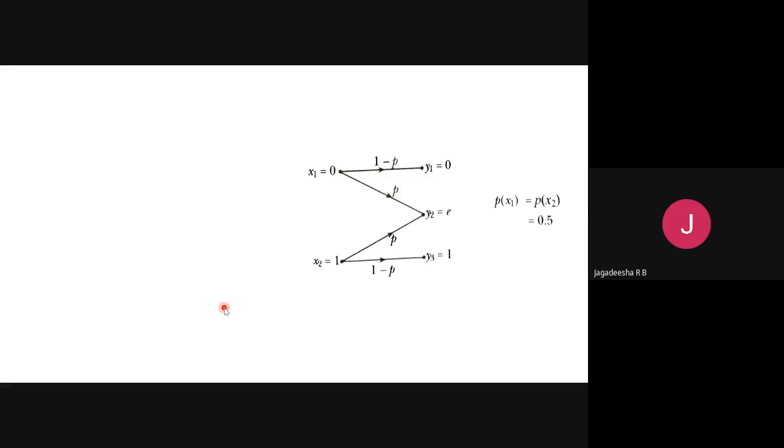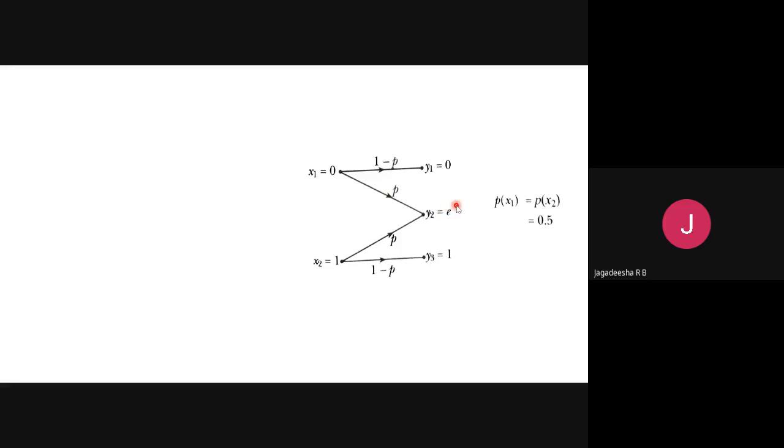Now we have an example here. A channel is given here. It's a binary erasure channel. We have two inputs, x1 is 0, x2 is 1, these are binary. And we have three outputs: y1 represents zero, y3 represents one, and y2 represents any confusion the receiver has.